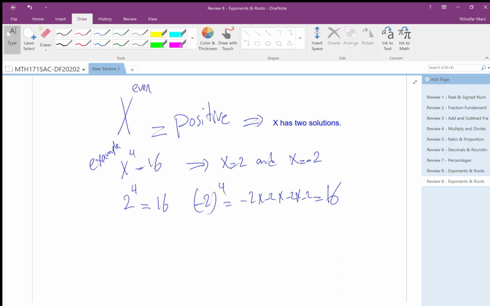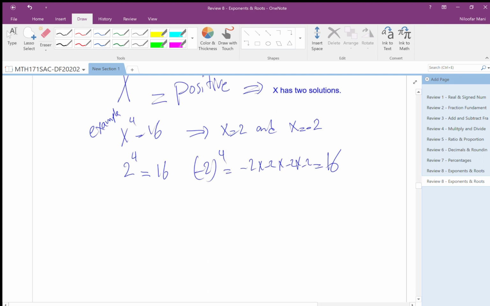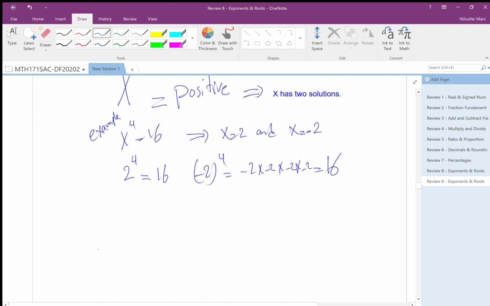You have x to an even power, meaning 2, 4, 6, equal to a positive number. How many answers do you have? 2. If I have x squared equals 4, I have plus minus 2. Both of them work for me. I can accept this.